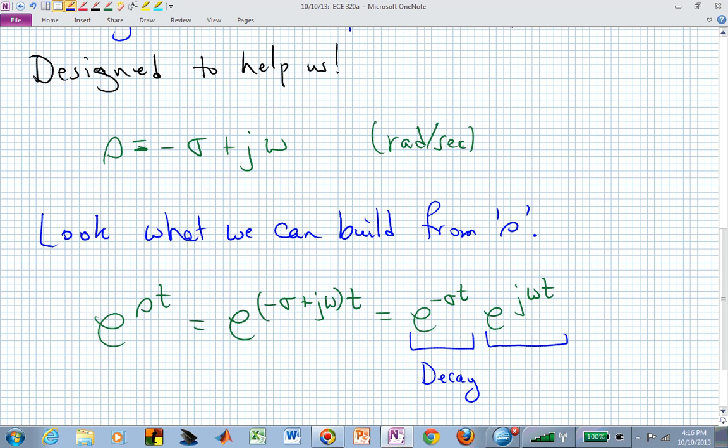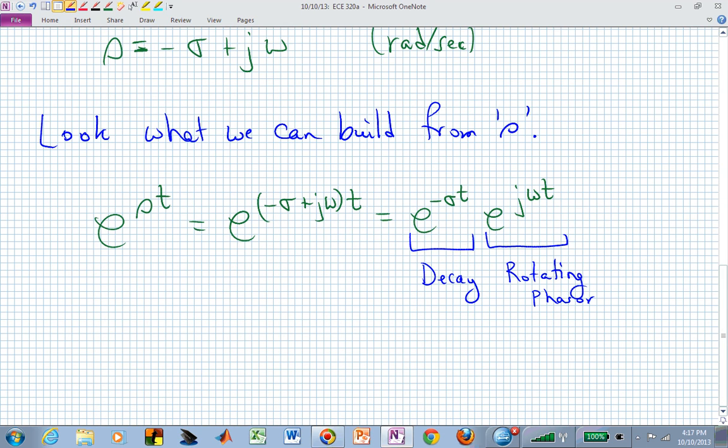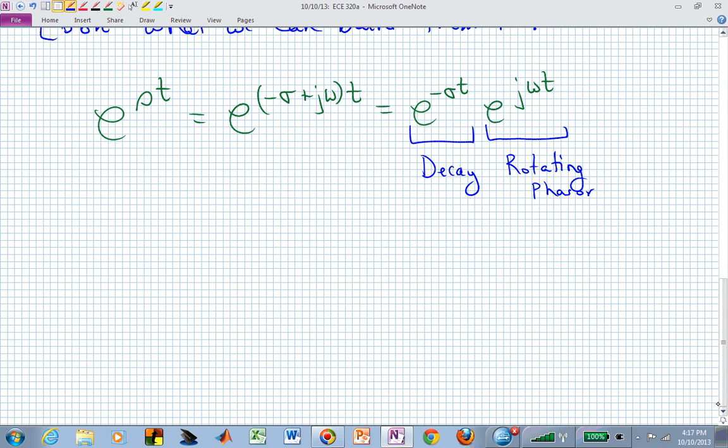The e to the j omega t should be familiar to us from ECE 220, and that's just this rotating phasor that we have been used to dealing with. We now have this rotating phasor, e to the j omega t, and the tip of that arrow is rotating around with a frequency of omega. That tip could be decaying, shrinking towards zero, or collapsing that arrow down relative to this decay rate, e to the minus sigma t.